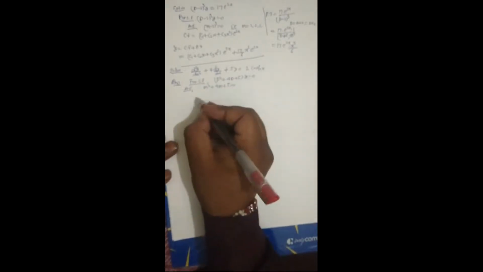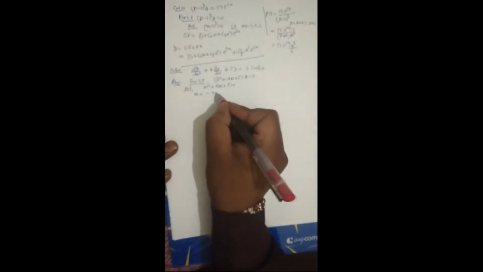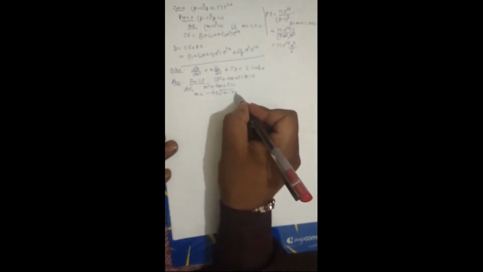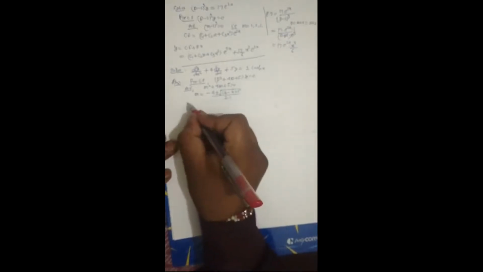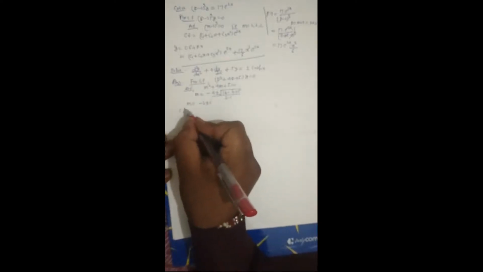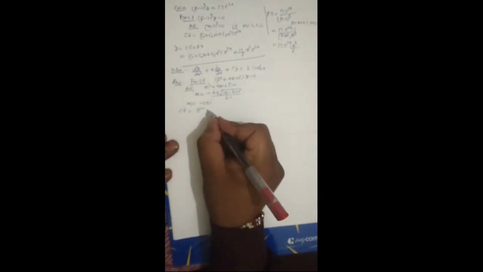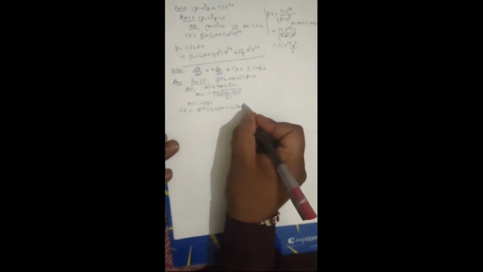Then the value of m is equal to minus b plus minus root of b square minus 4ac upon 2a, that is m is equal to minus 2 plus minus i. Then CF can be written as e to the power minus 2x (c1 cos x plus c2 sin x).